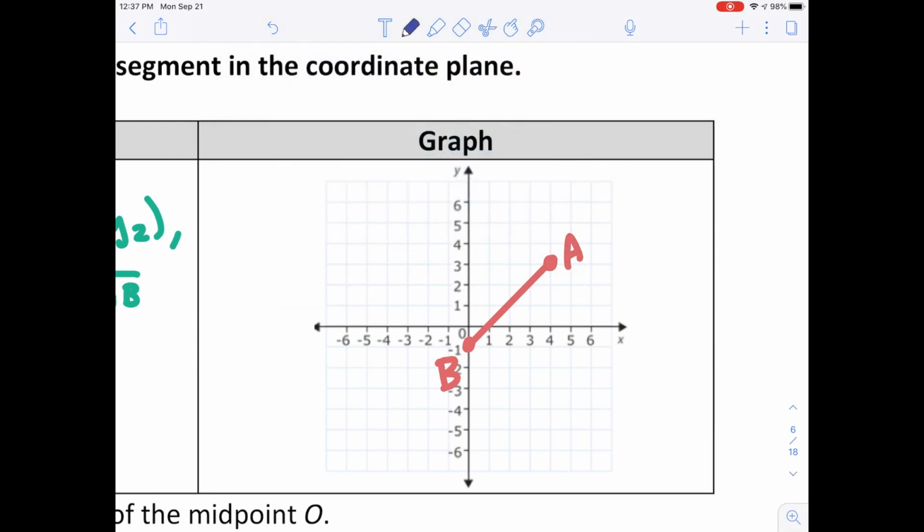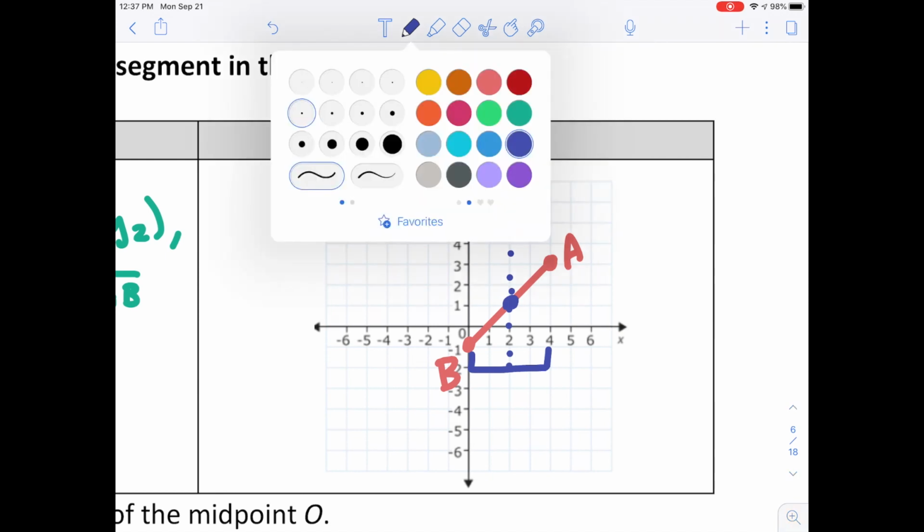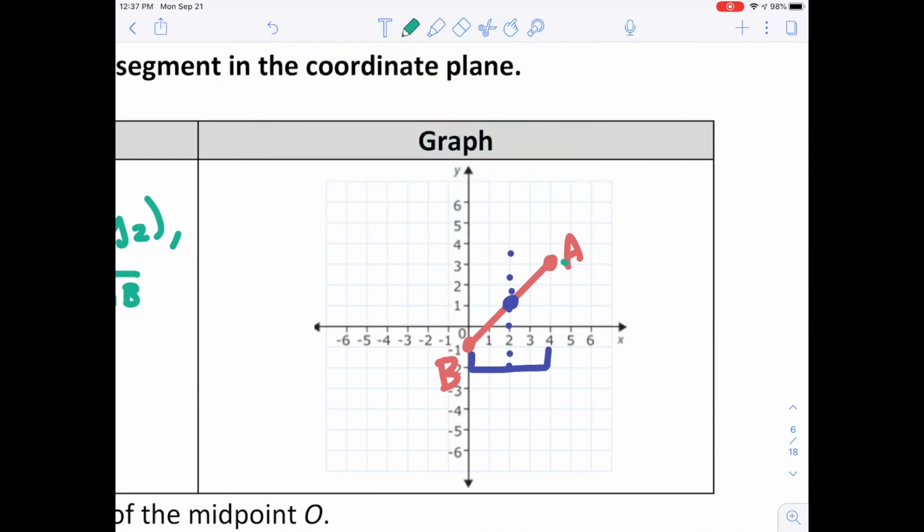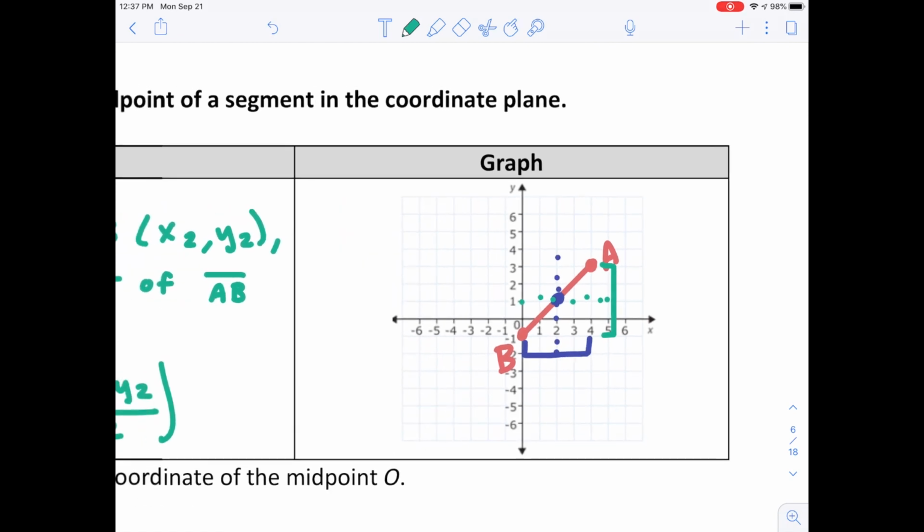If you wanted to find the midpoint, so halfway between those two, what you would do is you would look at the x values of A and B, and you would average them. You would also find the y values of A and B, and you would average those too. And what that's going to do is it's going to find the midpoint of the line segment.